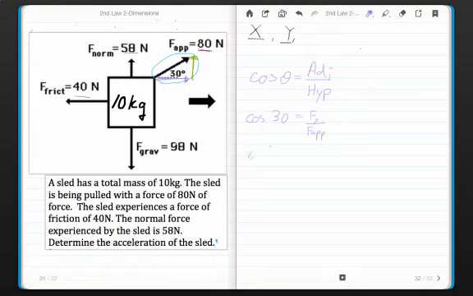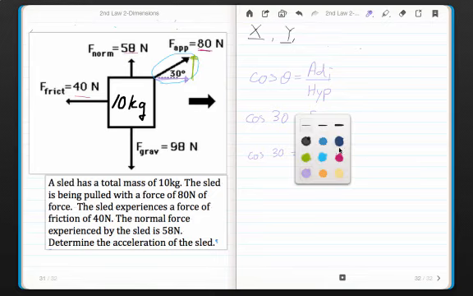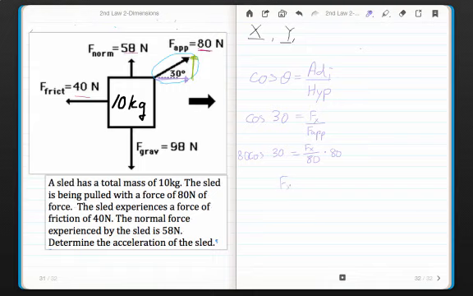We can rewrite this by saying the cosine of 30 is equal to f of x over 80, and we can multiply both sides by 80 to get f of x is equal to 69.3 newtons.